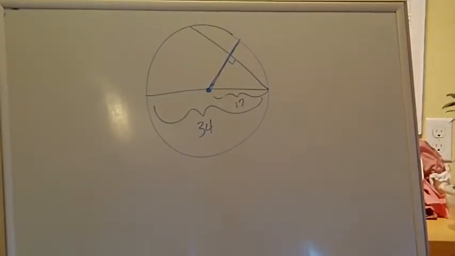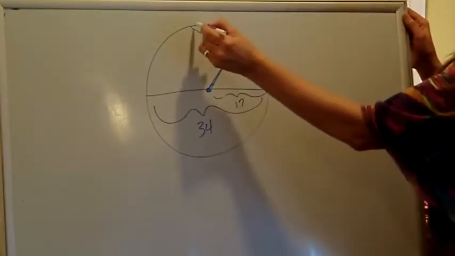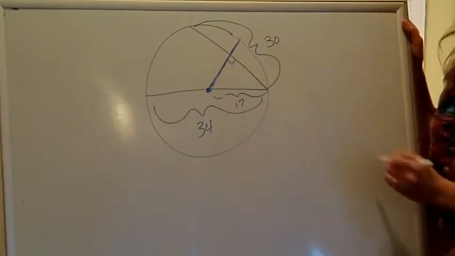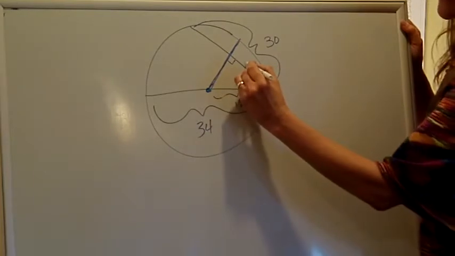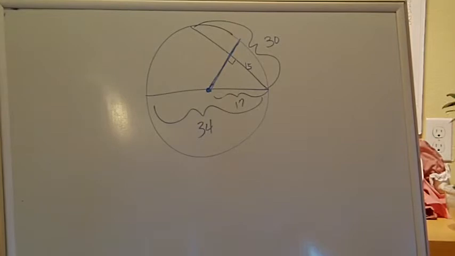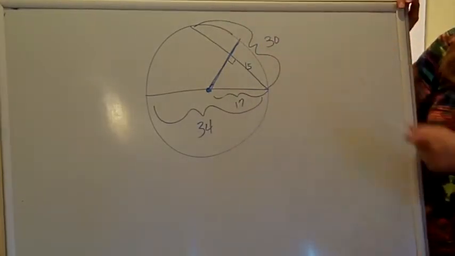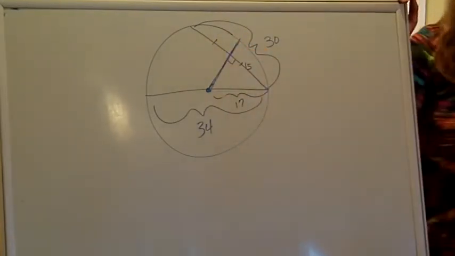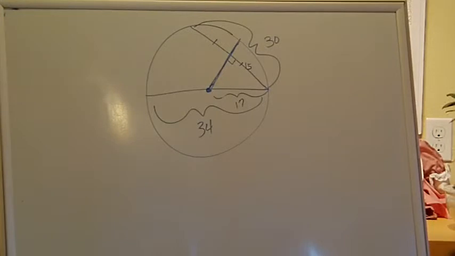Looky there, we've got a right triangle. We know that this chord right here is 30. That means this is 15. Because when a radius intersects a chord at a 90-degree angle, it bisects it. If it intersects a chord at a 90-degree angle, it bisects it every time.